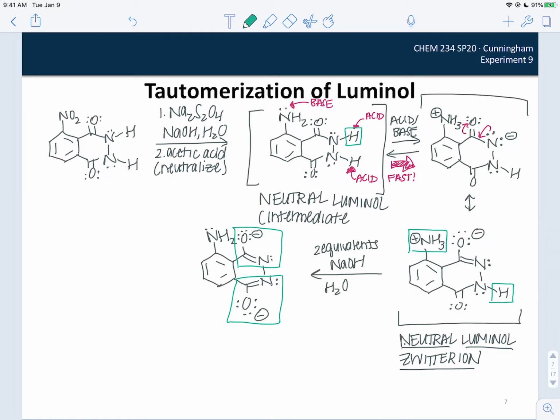So notice which resonance forms I've decided to draw there. Now we know that major resonance contributors are most likely going to have our negative charge on the more electronegative atom. So this is why I've drawn the resonance form that I have here. And so this is our basic luminol.